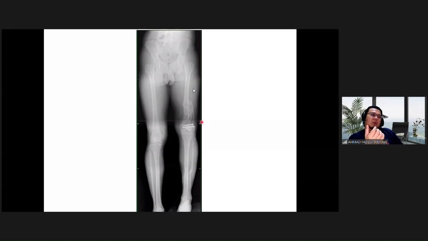One, if there is a fracture, you tell ada ke tak fracture. This one there is a malunion, so you kata there is a malunion. And then what else you have to tell me whenever you describe an X-ray? Satu, you dah cakap the benda yang abnormal yang you nampak, you dah describe. And then you kata it is malunion. Okay, good. Anything else you want to describe with regards to that?